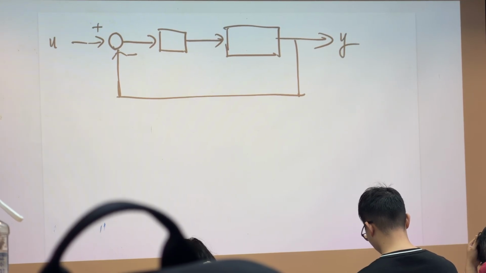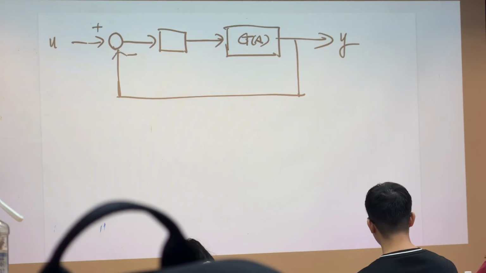And this is Y. U or R usually means the input. This is, for example, a G function, and this is a controller. For the controller, right now, let's assume we have a K gain, K amplification. K 就是一个放大的倍率 okay? And this is the feedback loop.